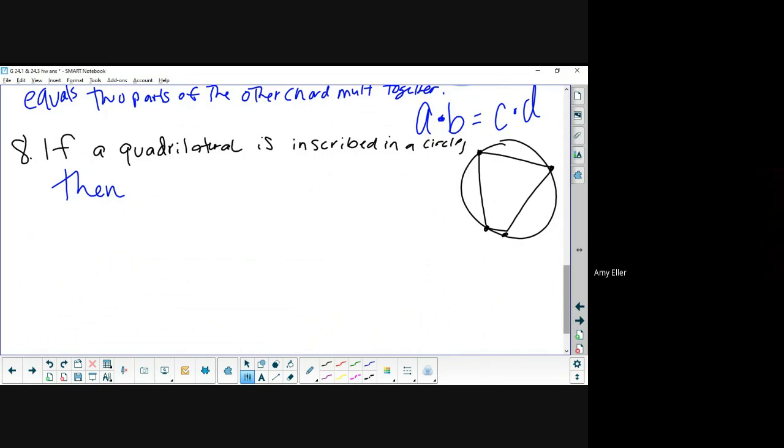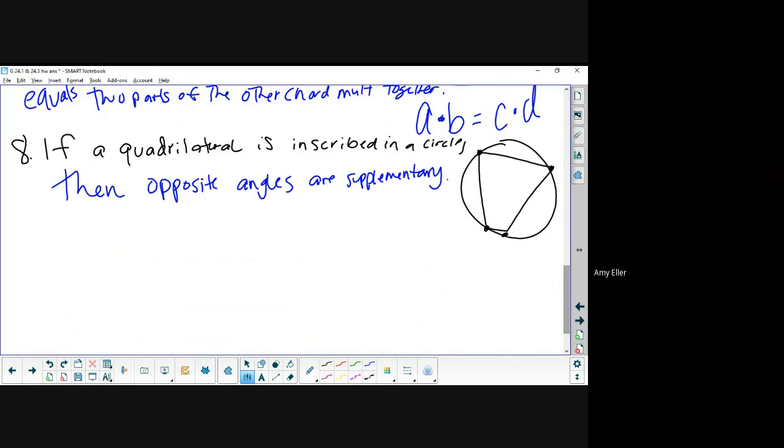Then opposite angles are supplementary. I'm hoping everybody in here remembers what supplementary is. Tyler, what is it? 180 degrees. Very good. Two angles that add to 180.